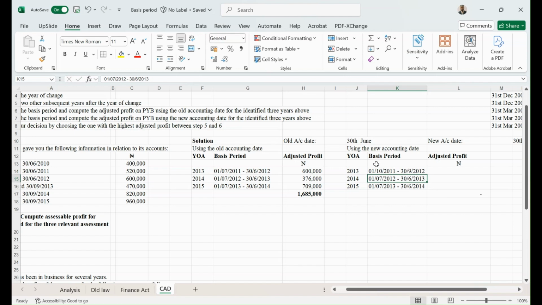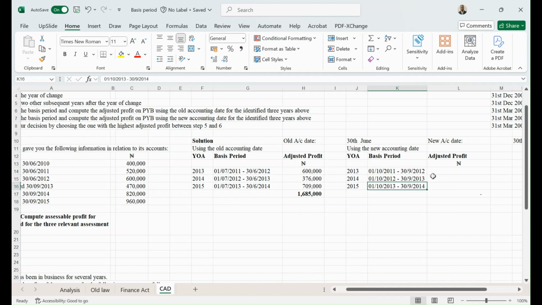So the figure started from October 2011 and ends in September, being the new accounting date. Then the next one is also going to be ending in September 2013, but must have started in October 2012. So we also have September 2014, but must have started in October 2013. Right, so you have the new accounting date.